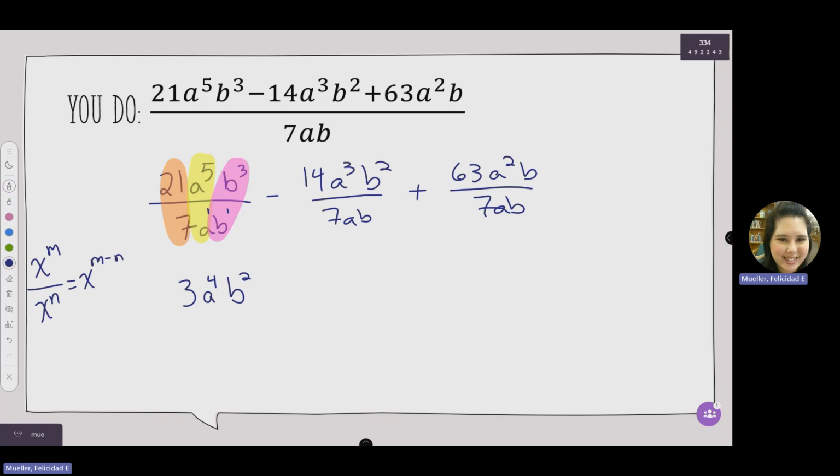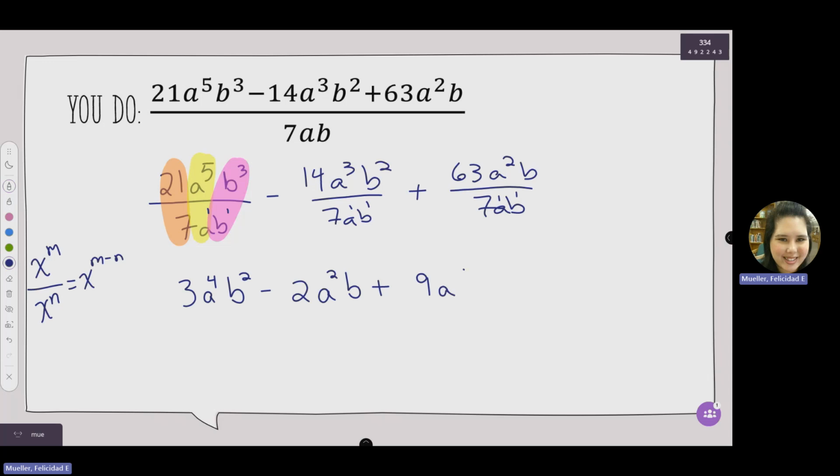So we're going to keep our minus sign. 14 divided by 7 is 2. Again, we have those invisible 1s that we didn't see. 3 minus 1 is 2, so we get a squared. 2 minus 1 is 1. We don't typically write this one, so we're just going to have minus 2a squared b plus 63 over 7 is 9. 2 minus 1 is 1, so we have a.